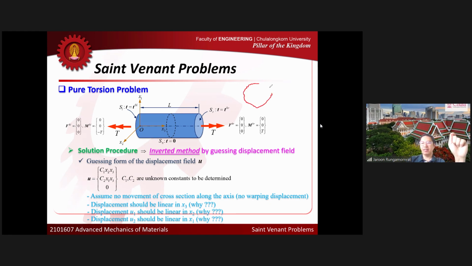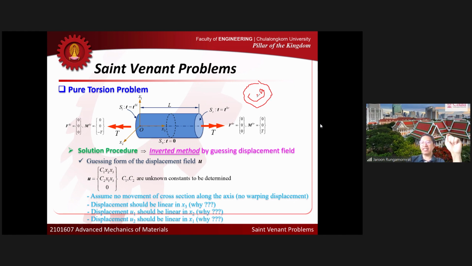Think about that. Because when you rotate the cross section like this, the displacements U1 and U2 should be 0 at the center of the cross section, right? And they should be larger and larger when you move far away from the center of the cross section, and should be maximum at a point on the boundary.